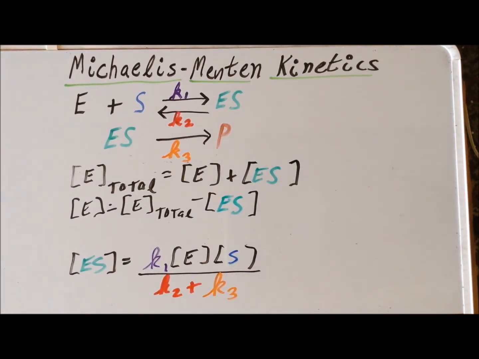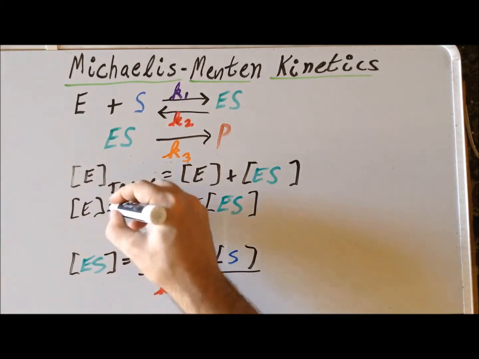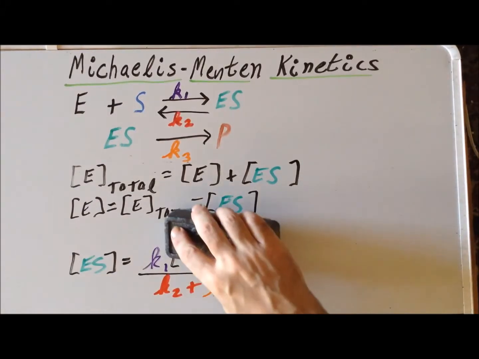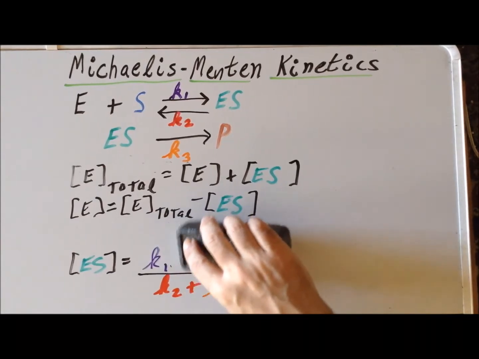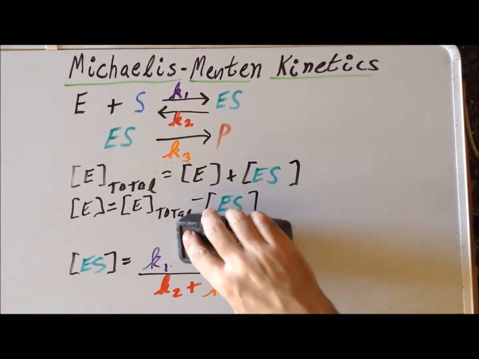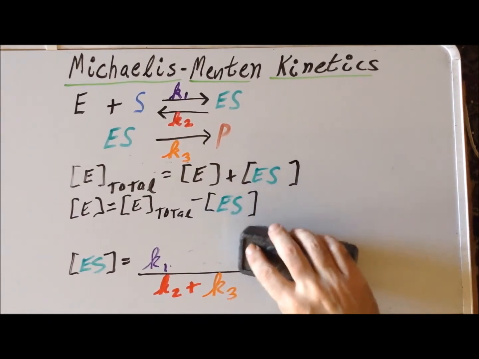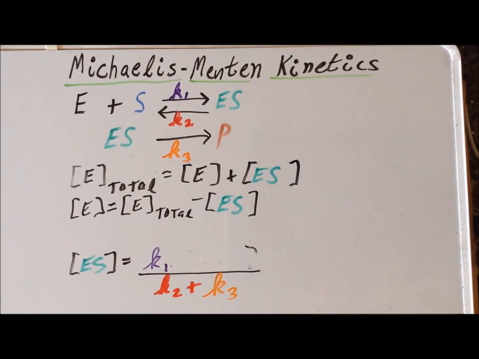Now that we have this particular expression, we are going to substitute our expression for the concentration of free enzyme into our rate constant expression. With that substitution in for E, we're just going to move the concentration of S slightly further to the right, which gives us a little more room to write.